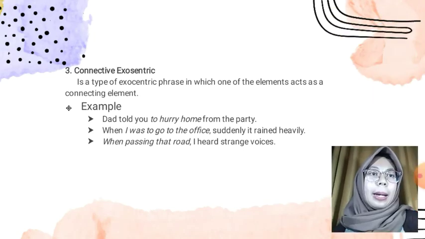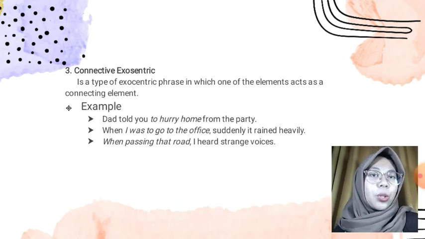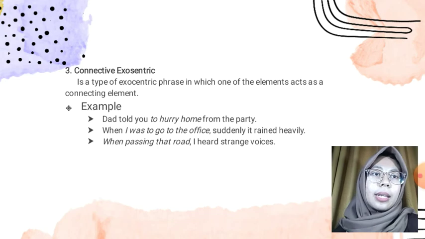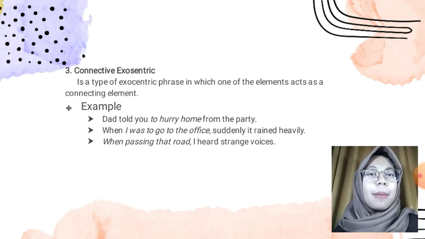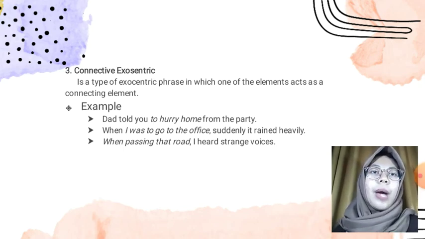Okay, the next type is connective exocentric. What is connective exocentric? Connective exocentric is a type of exocentric pair in which one of the elements acts as a connecting element. So the examples are: the first one is, Dad told you to hurry home from the party. So the connective exocentric is to hurry home.